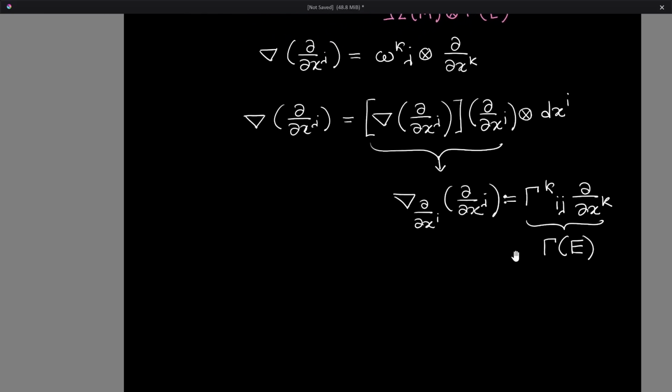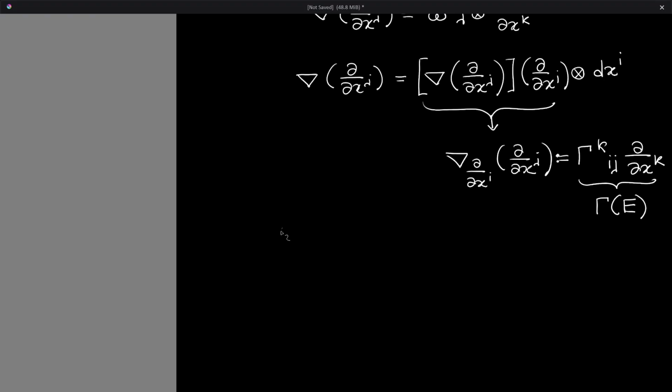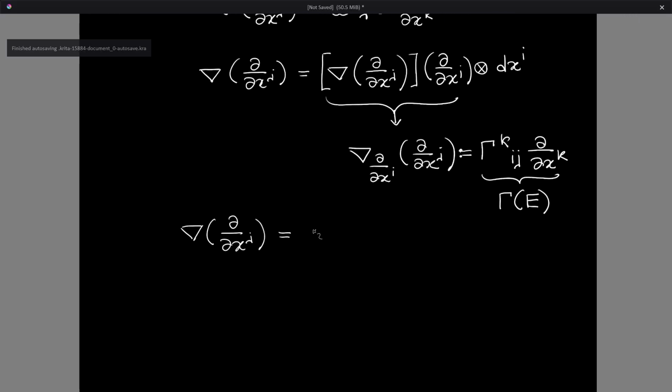So if we put this all together, then we get that nabla of partial partial x_j is equal to Gamma^k_ij partial partial x_k tensor dx^i.